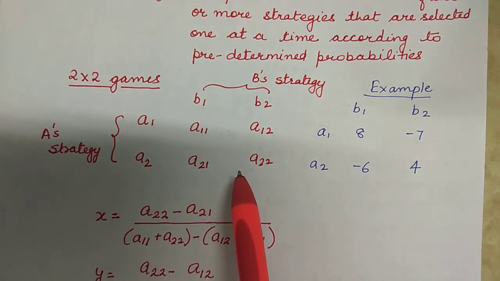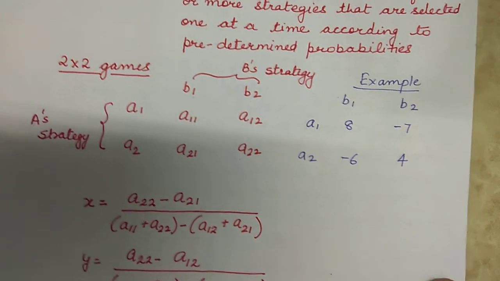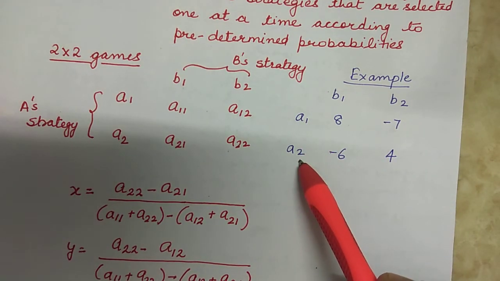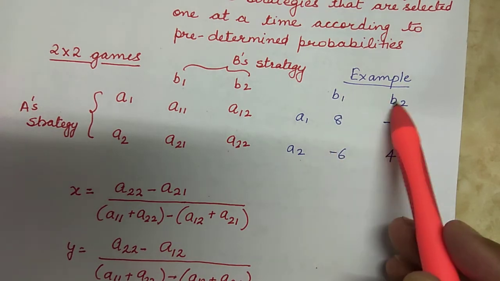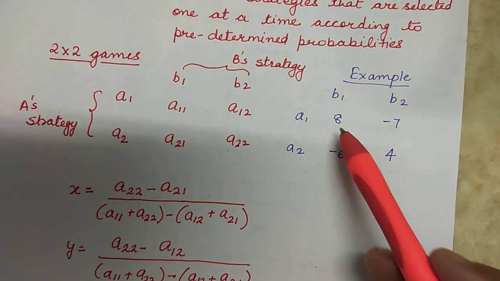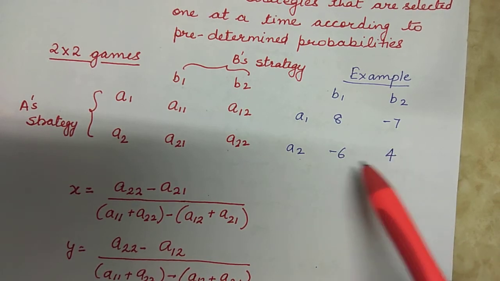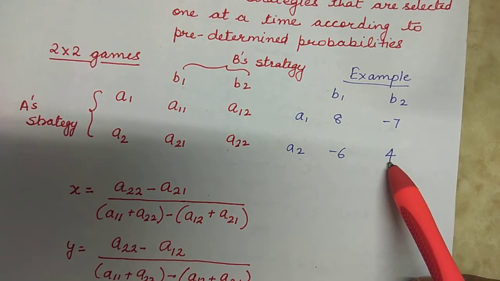Now how will we solve it? I have taken an example here. A1, A2 are the strategies of A, and B1, B2 are the strategies of B. And these are the values of payoffs: 8, -7, -6, 4.